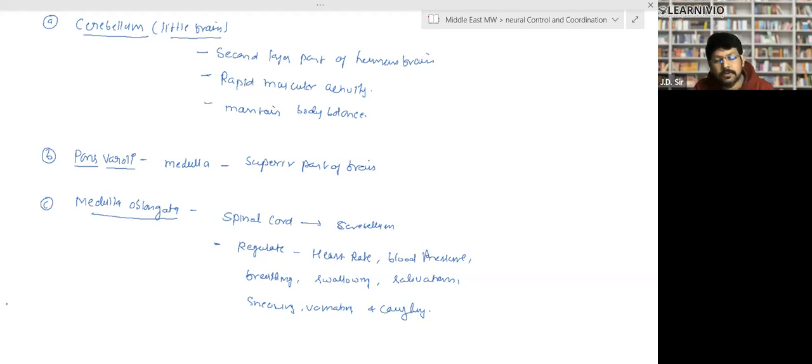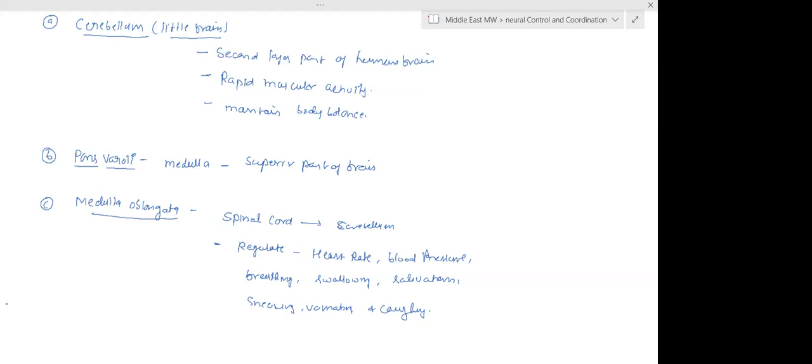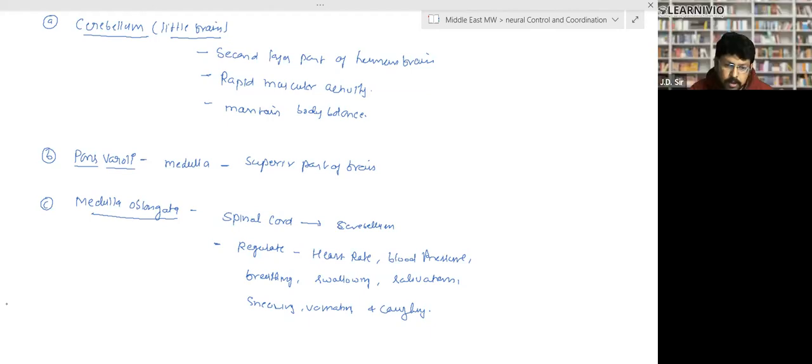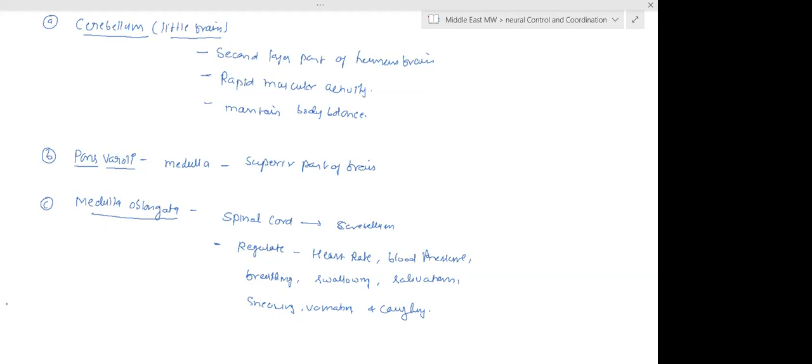Or do you have any doubt? Shakullah, Mamuna, Shahid, yes. Yusra, all of you clear?